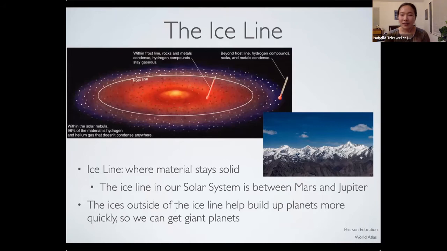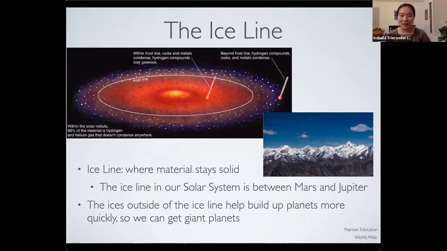So our particular ice line in our solar system is somewhere between Mars and Jupiter, which you might notice perfectly splits up our planets into the rocky ones inside the ice line and the giant ones outside. And so our thought here is that if you're outside of the ice line and you've got all of these ices, ices are really useful because they can help start building up these solid cores much more quickly.